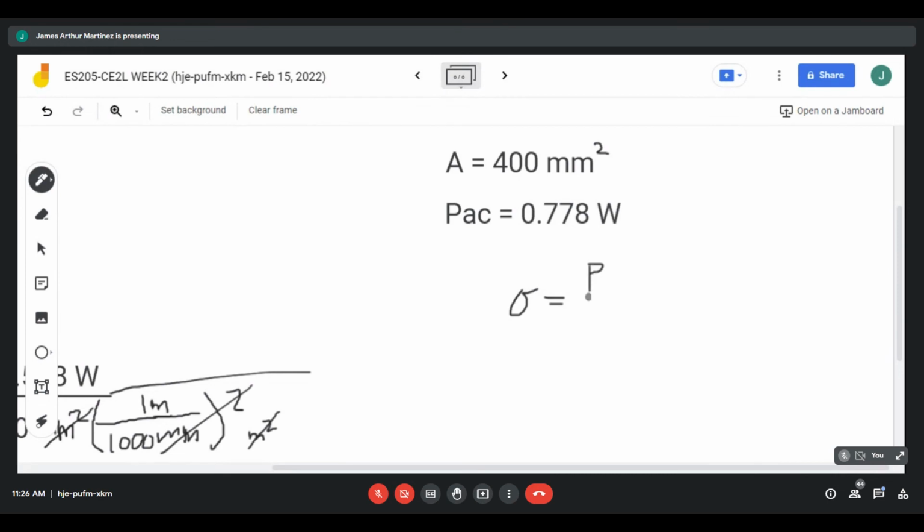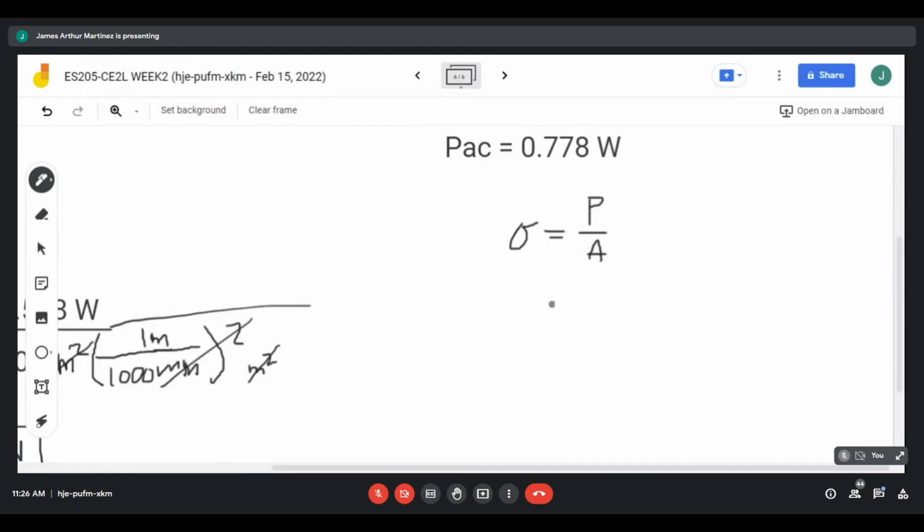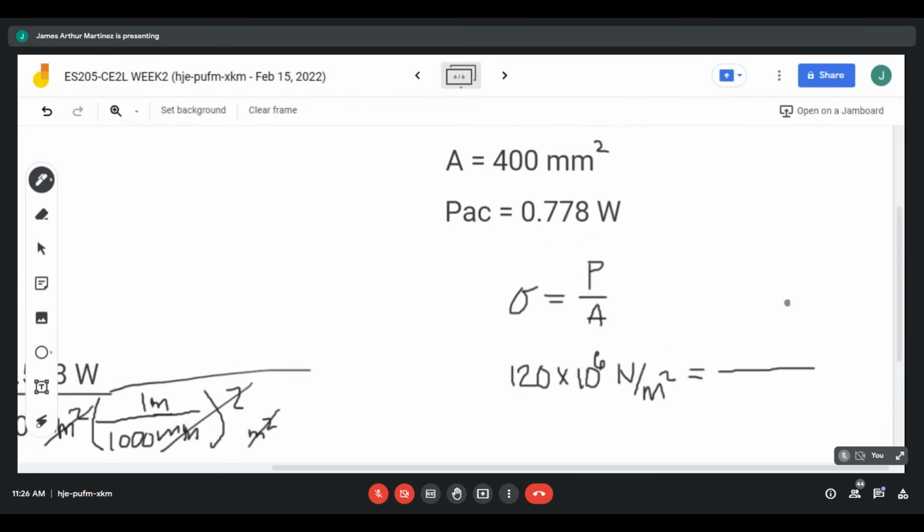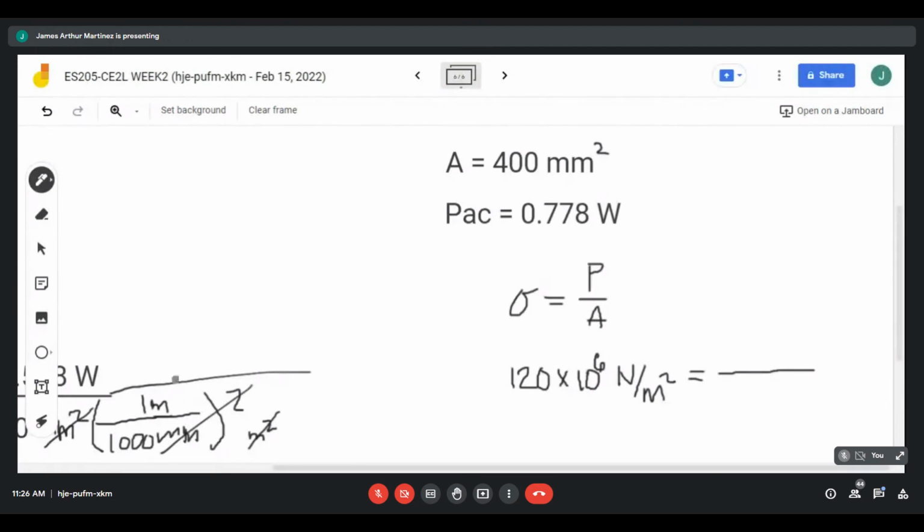So stress is equal to P over A. And you have the stress limit for AC, 120 MPa times 10 to the power of 6 newton per meter squared, equal now to 0.778 W divided by the cross-sectional area, which is 400 millimeters squared. So convert this into meter squared.